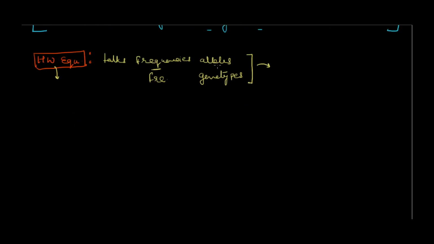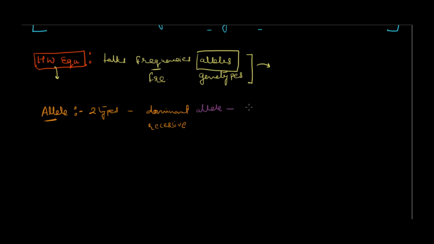Now let's start with the alleles. When we talk about alleles, we know that we have two types of alleles. One would be dominant and one would be recessive. So the dominant allele, in case of Hardy Weinberg, we denote as small p, and the recessive allele we will designate with small q.